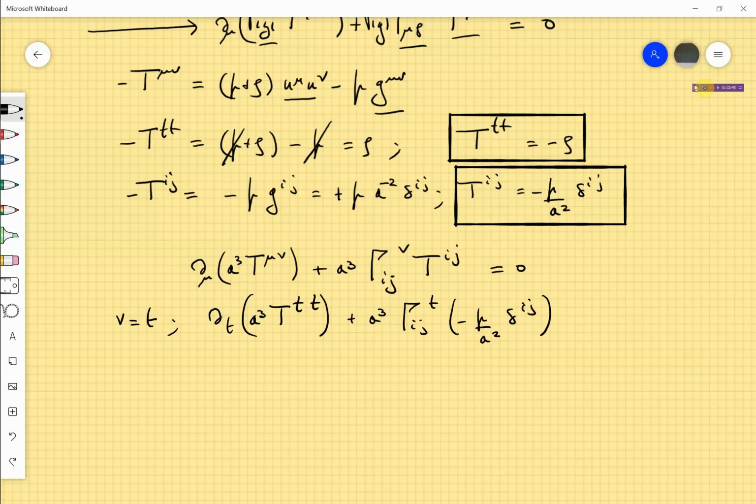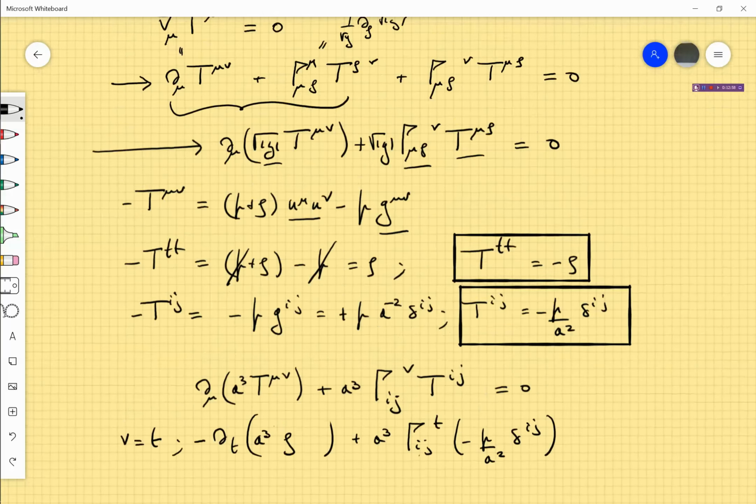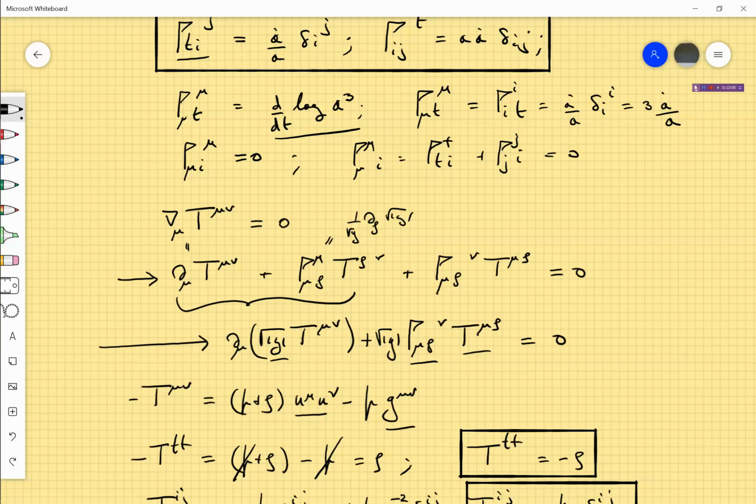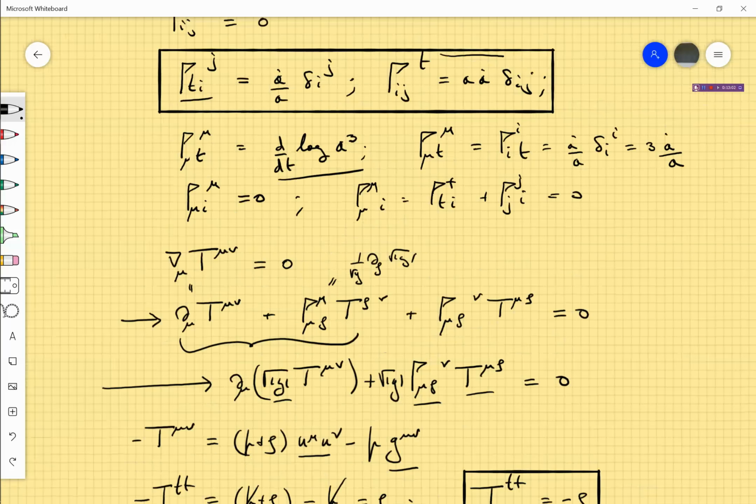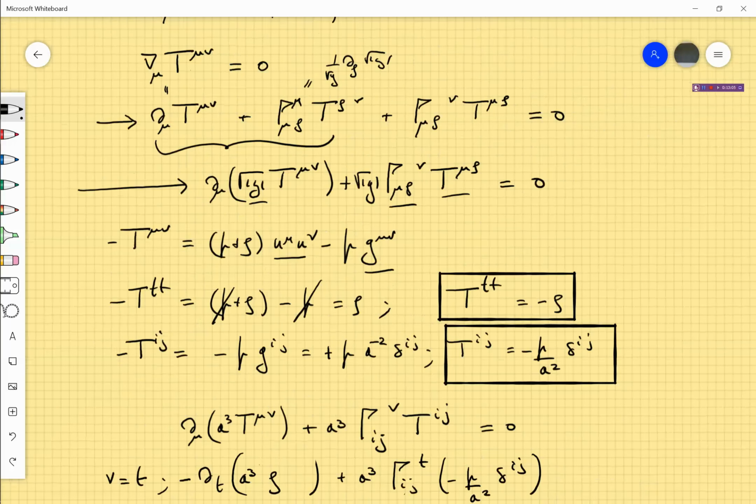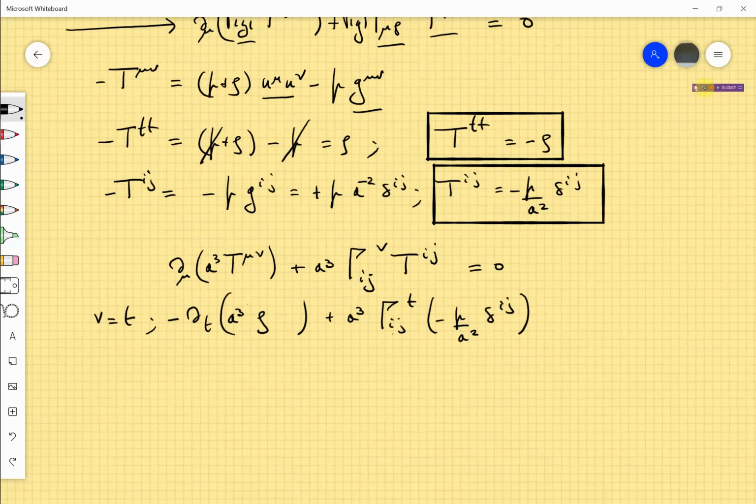Okay, this is minus rho, and gamma ijt is here a dot delta ij. Okay, so this is minus the total derivative of a cube times rho.